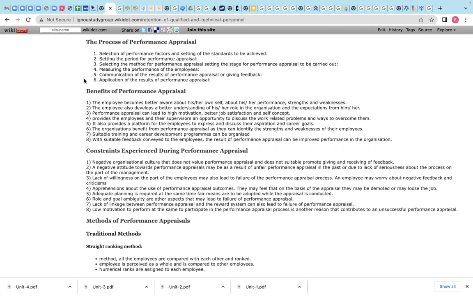What are the benefits of performance appraisal? Obviously employees have a clear understanding of their strengths and weaknesses, because you are telling them this is what you did well and this is what you did not do well. And they know the expectations well in advance because you do the goal setting before even measuring. So this could give high motivation and job satisfaction. Once they meet the goal, their motivation and satisfaction would be high, right?